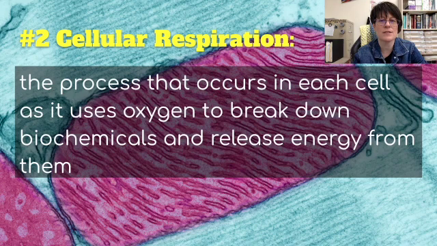This is the process that occurs in each cell as it uses oxygen to break down biochemicals and release energy from them. And you need the first type of respiration in humans to have the second type, because the whole purpose of the respiratory system is to get oxygen to the cells and the mitochondria for cellular respiration, and then to take the carbon dioxide and release it as a waste product.